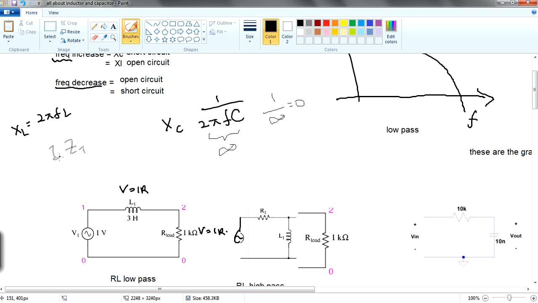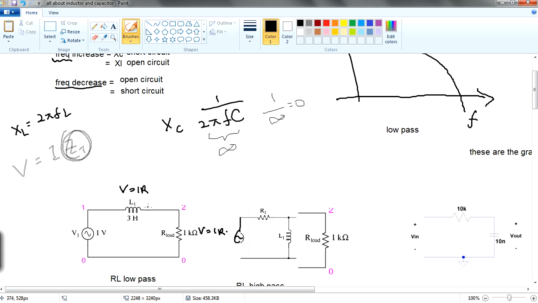So Z total times your I, the current throughout the whole thing, you'll get your voltage. So if this resistance is super high, the amount of voltage across the resistor will be much lesser, right?